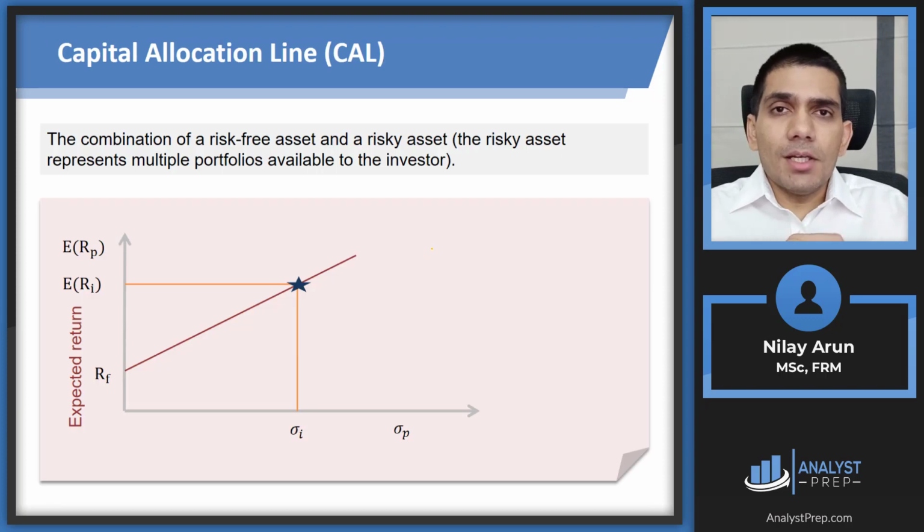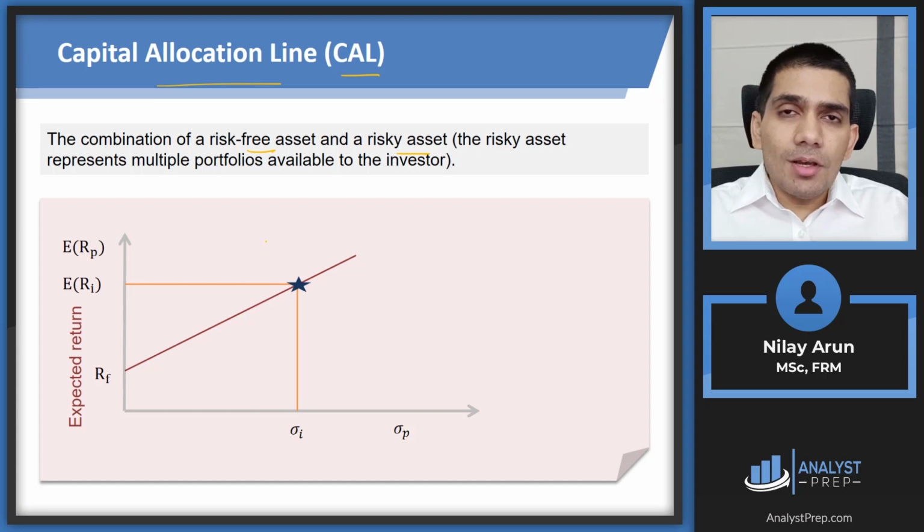Now, after the efficient frontier, the next thing that we look at is the CAL, the capital allocation line. Till now, we have only looked at the risky assets. We have not considered the possibility of including a risk-free asset in the portfolio. That's exactly what we do in the capital allocation line. We combine a risk-free asset with the risky asset.